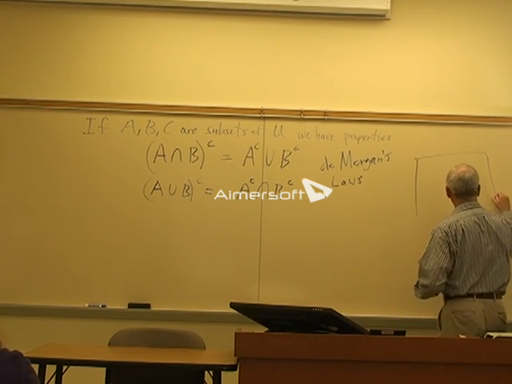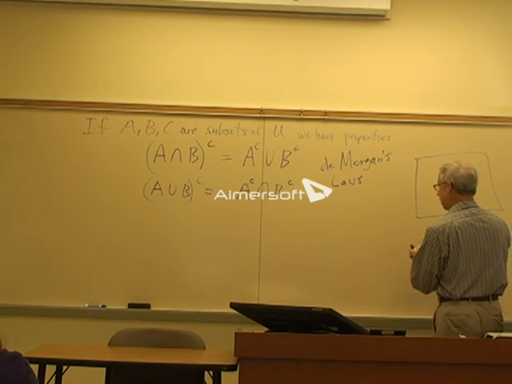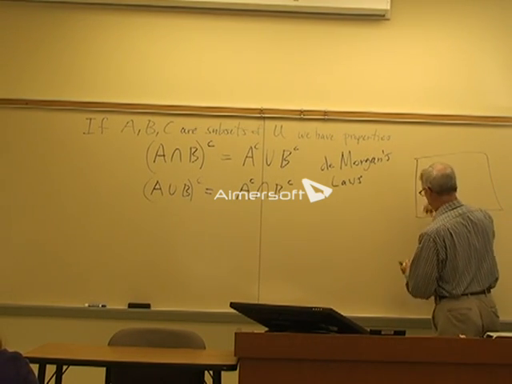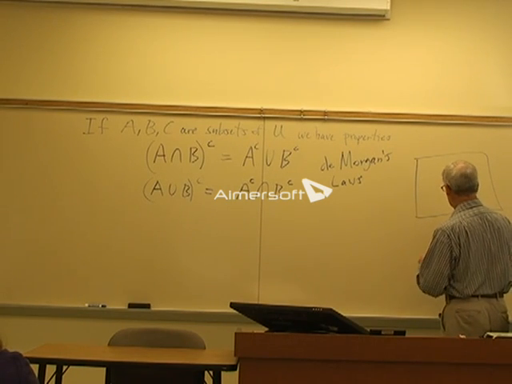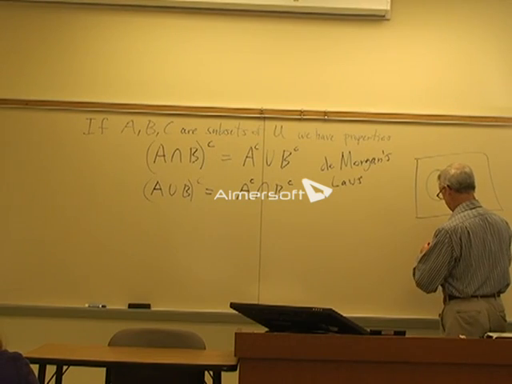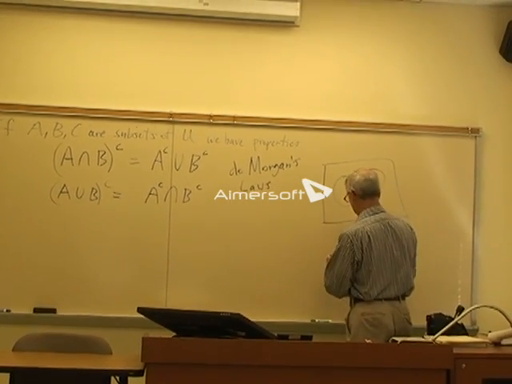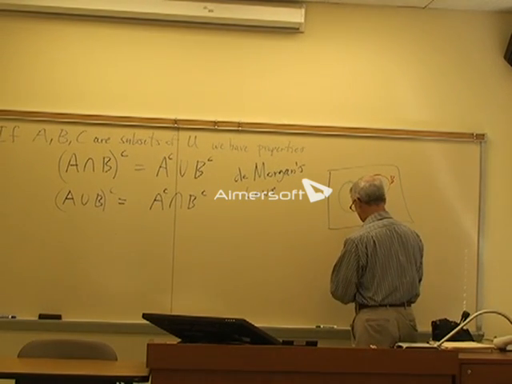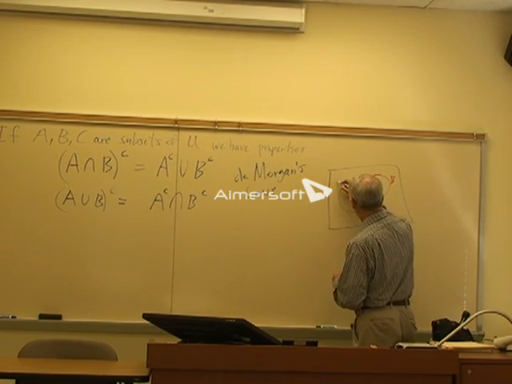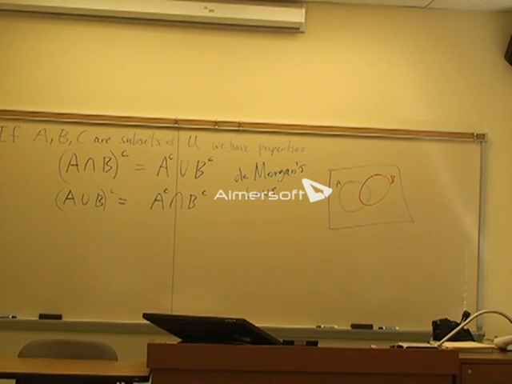So let's take our universal set and take two sets A and B. So what does the complement of A intersect B look like?